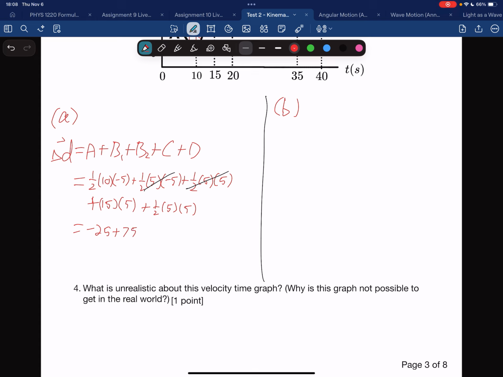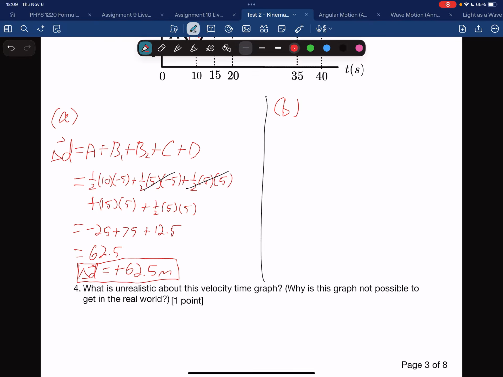Add 75, add 12.5. Add all those together, you get 62.5. So therefore, my total displacement equals 62.5 positive meters. So 62.5 meters in the positive direction.